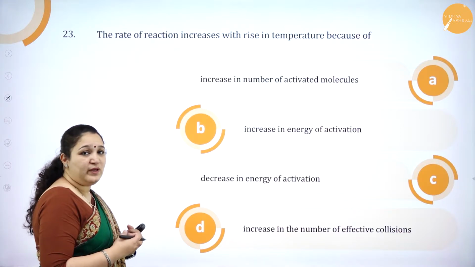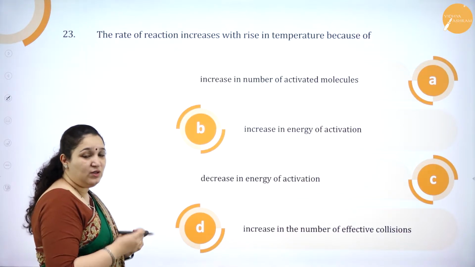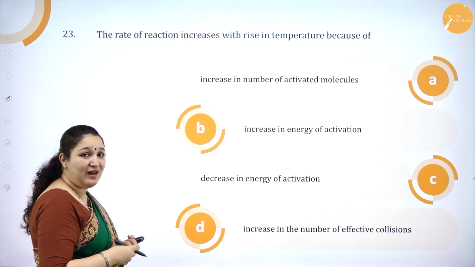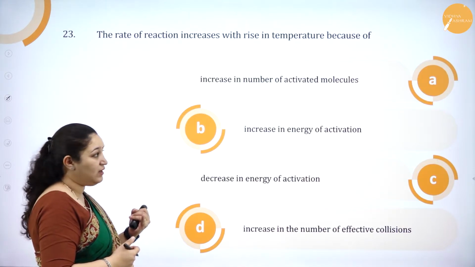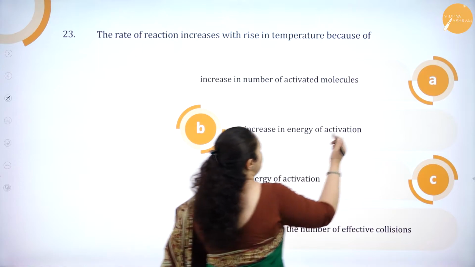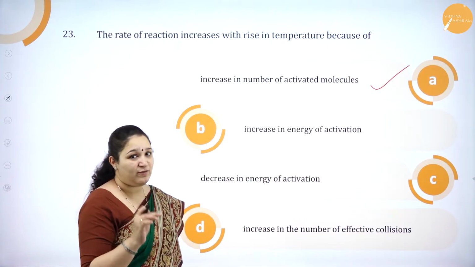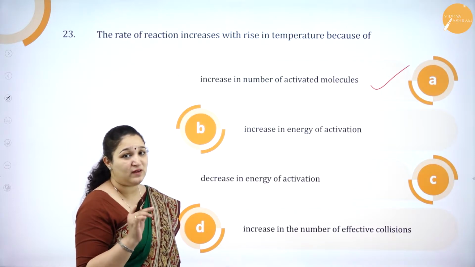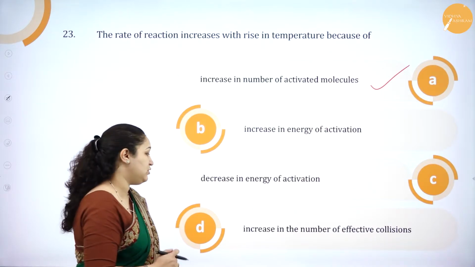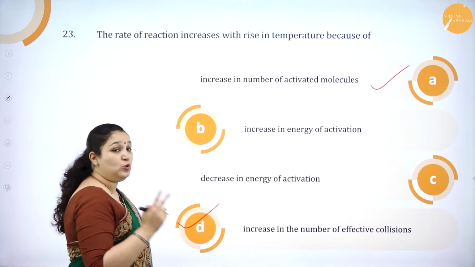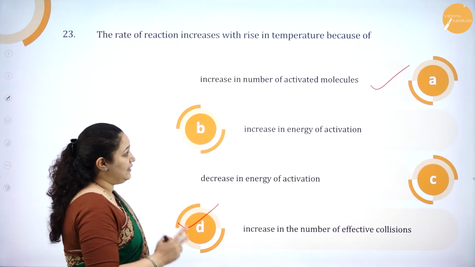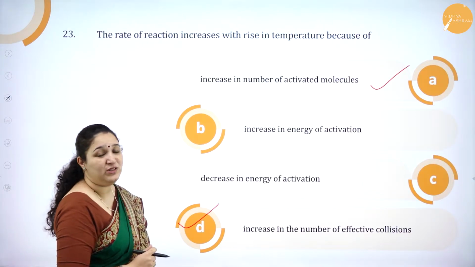So when we increase the temperature, what is happening? The number of activated molecules will increase. Because there is an increase in the number of activated molecules, there will also be an increase in the number of effective collisions. So we have 2 right answers here, option A and option D.